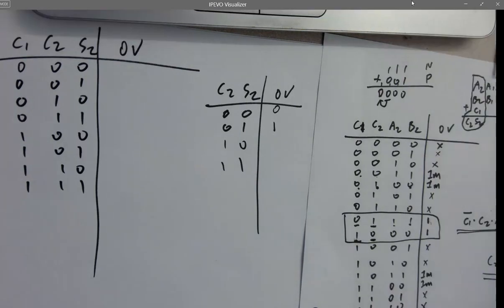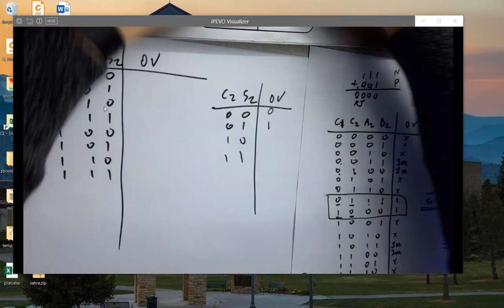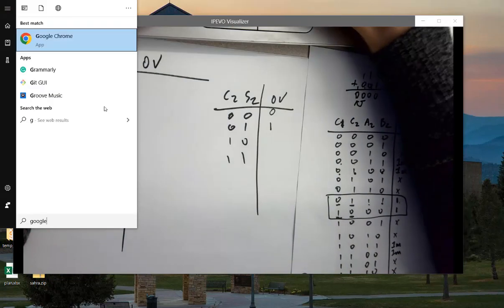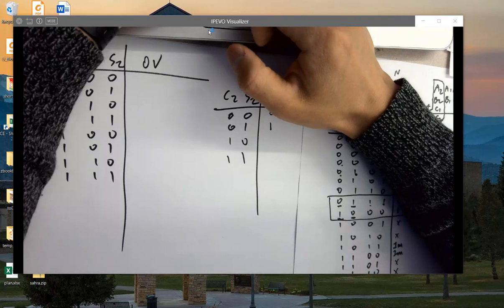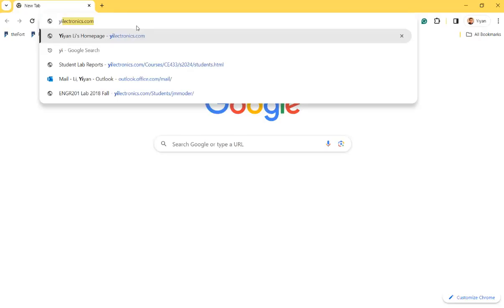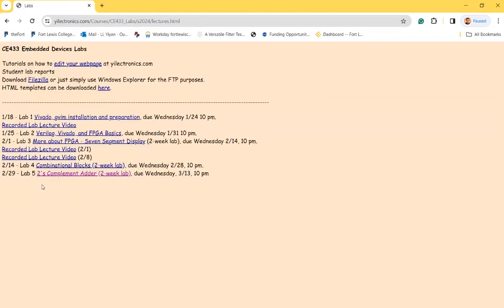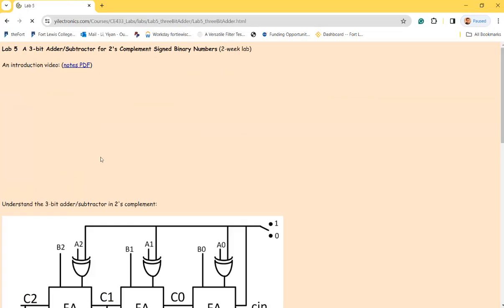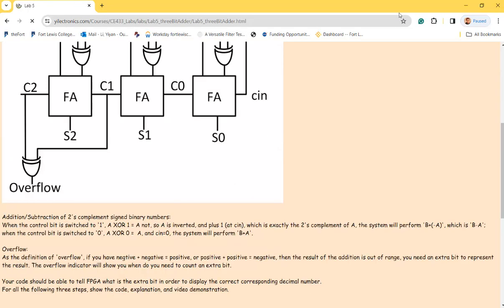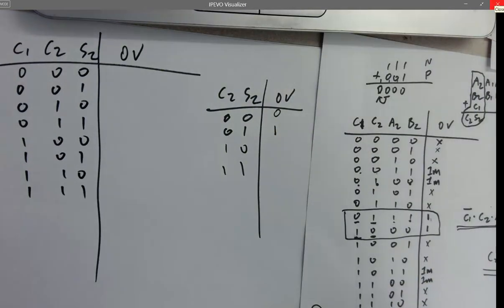I think it's not. I think that was not S2. That was C1, I guess. I probably remembered the wrong schematic. Let's take a look. It's probably C1. Oh, it's C1. It's not S2. So Mason was right. So we still have to come back here.